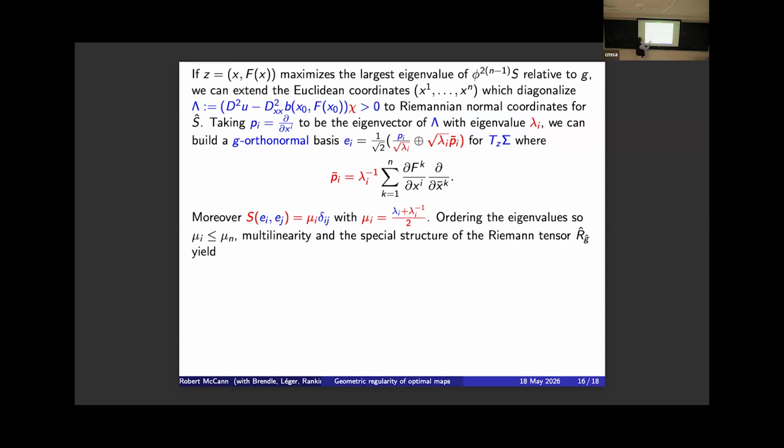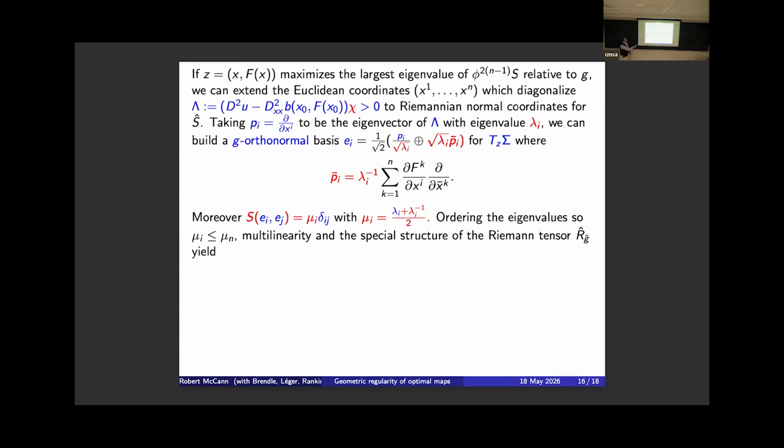And you can couple these directions with directions in the range using the Jacobian of F. And when you do that, you put the appropriate powers of the lambda i's in front of it. What you get by coupling these directions in the domain with the corresponding direction in the range turns out to be orthonormal for G.